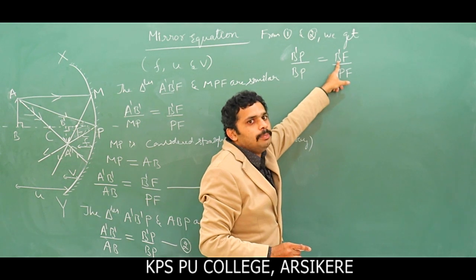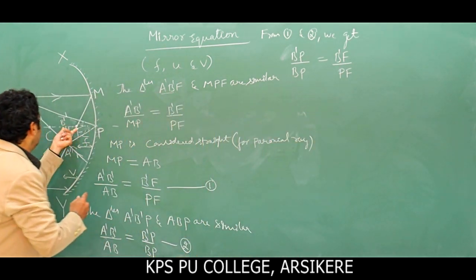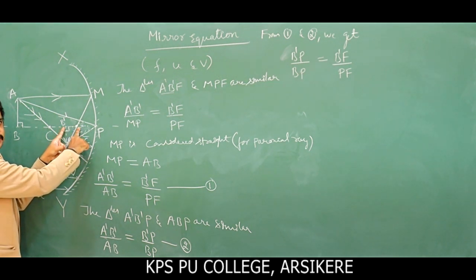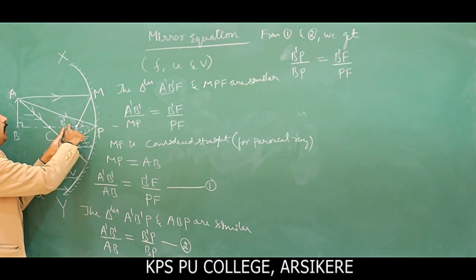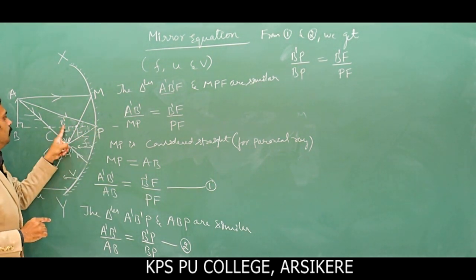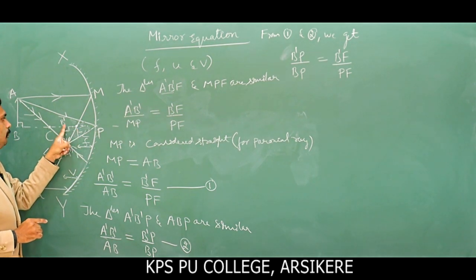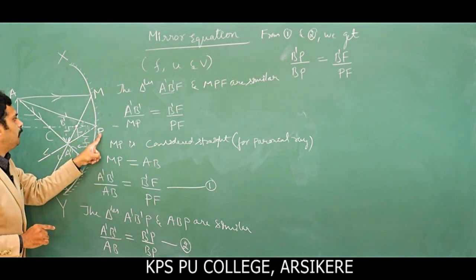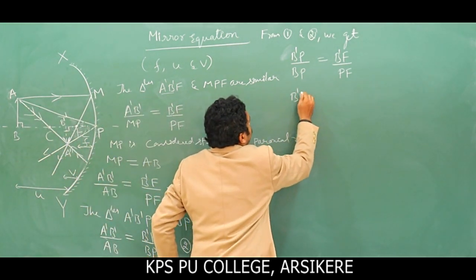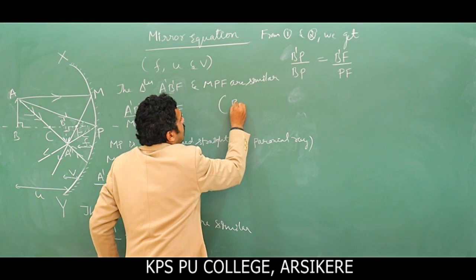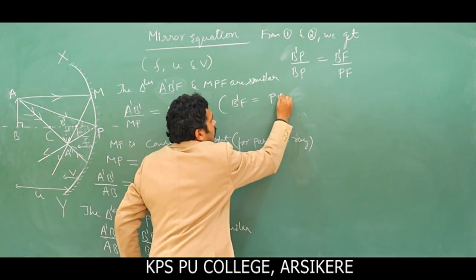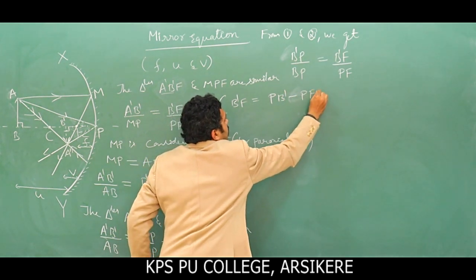But we don't know B dash F. Observe here, this is B dash F. I am writing B dash F in terms of PB dash and PF. That's why I am writing B dash F is equal to PB dash minus PF.